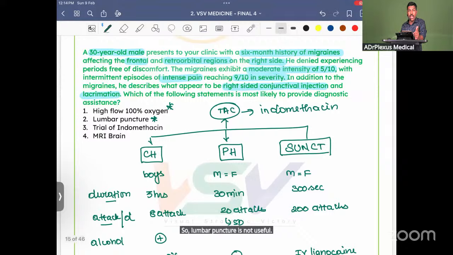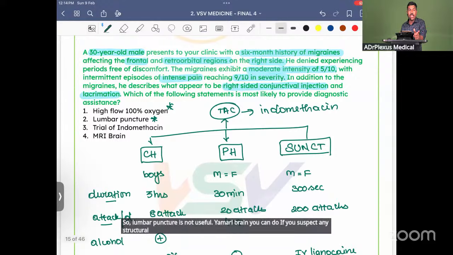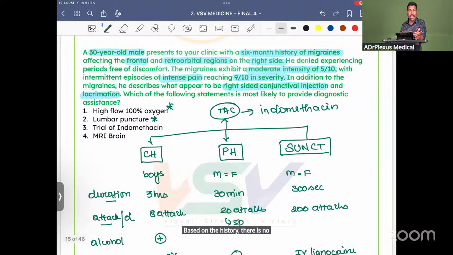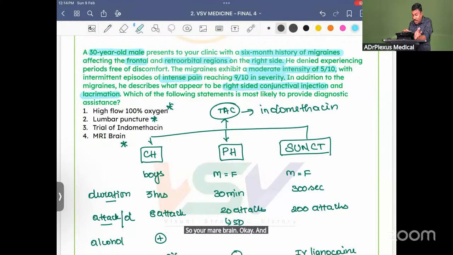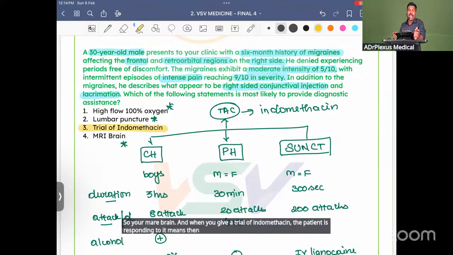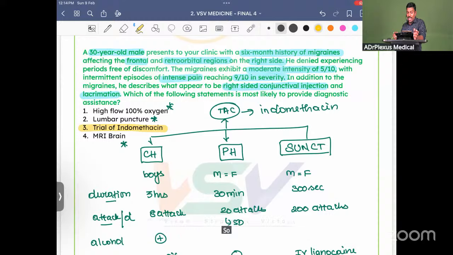MRI brain you can do if you suspect any structural lesion, but here, based on the history, there is no evidence of structural lesion. And there is right-sided conjunctival injection and lacrimation, which tells that the features are more towards TAC. When you give a trial of indomethacin and the patient responds, it is going to be a TAC. So the more appropriate answer here is a trial of indomethacin.